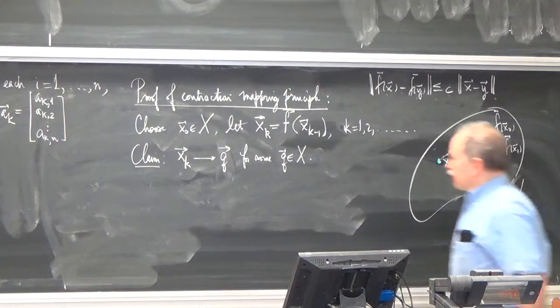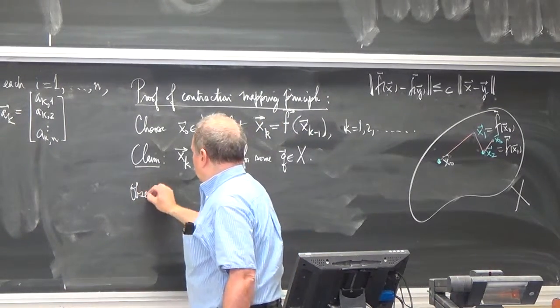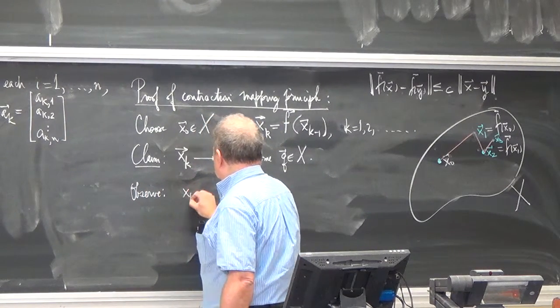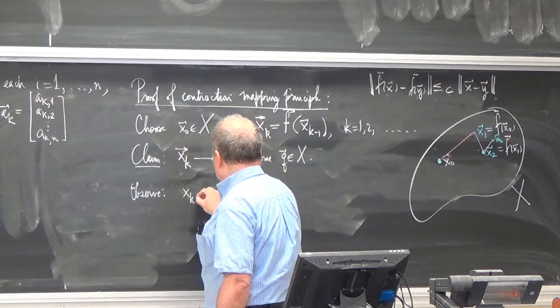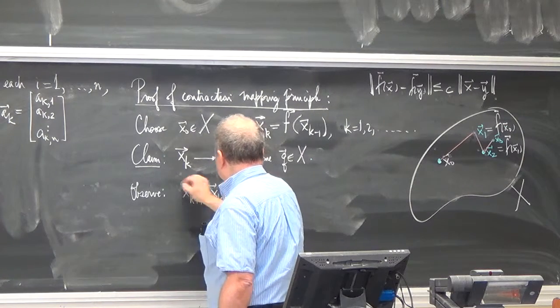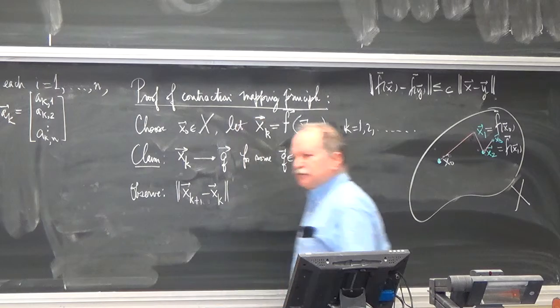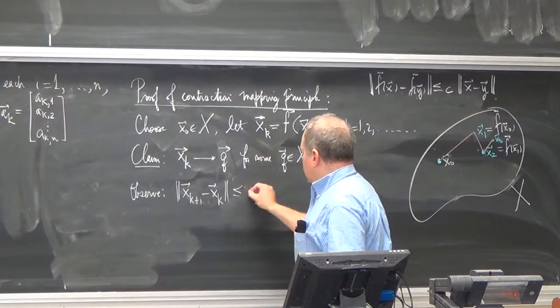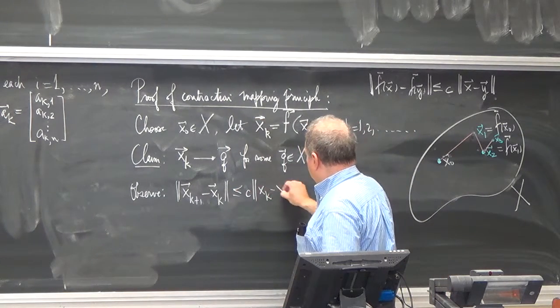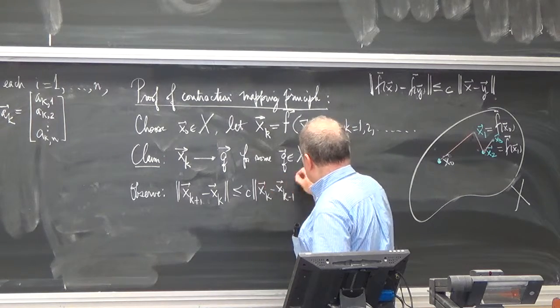All right, so the key observation is that if I take the distance between x sub k plus 1 and x sub k, it's at most c times the distance between x sub k and x sub k minus 1. I'm just writing down what we were saying.